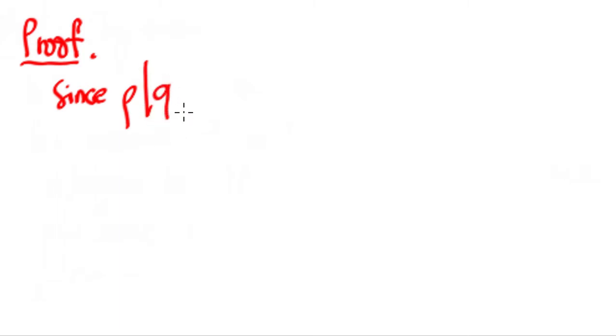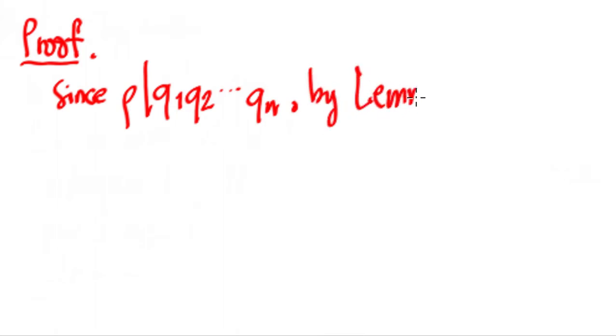So let's write the proof. Since we say that P divides Q sub 1 times Q sub 2 up until Q sub n, by lemma 2, so recall lemma 2.